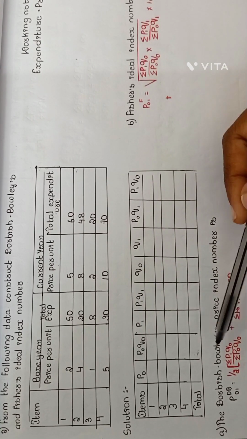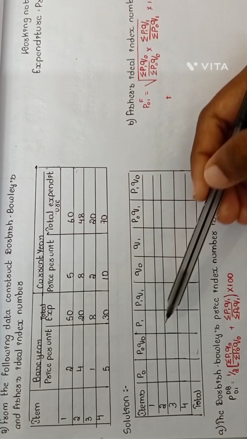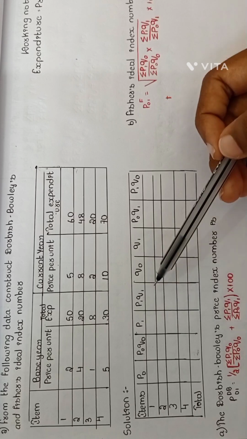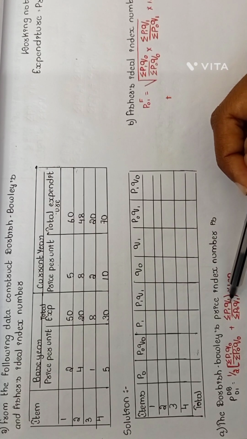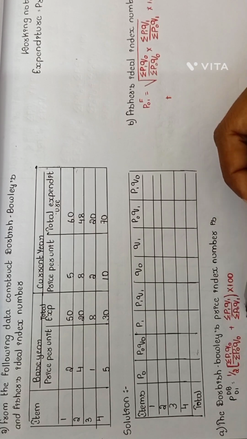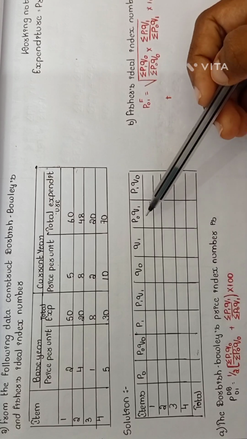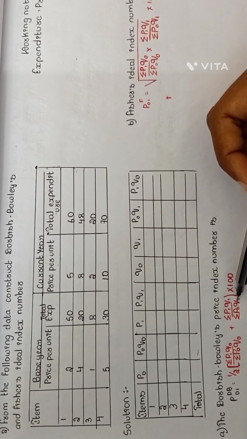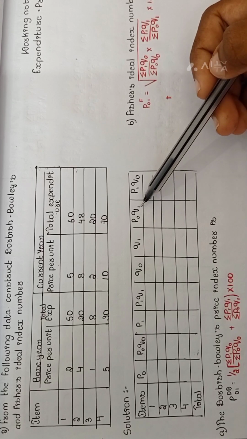We need P naught Q naught, and P1 Q1, and another two things which I require are P1 Q naught and P naught Q1, so I have written those.